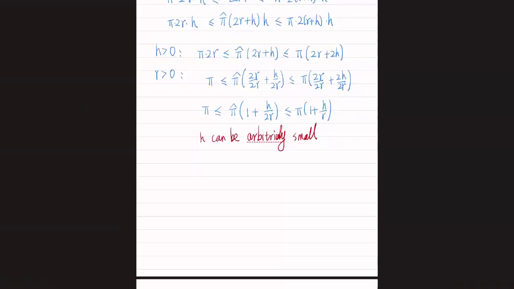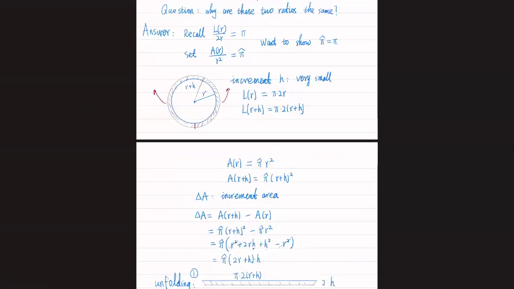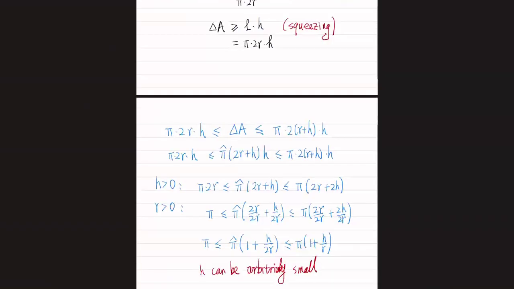How small could it be? Eventually we will let this layer become thinner and thinner and thinner. A very thin layer, H is approximately 0.